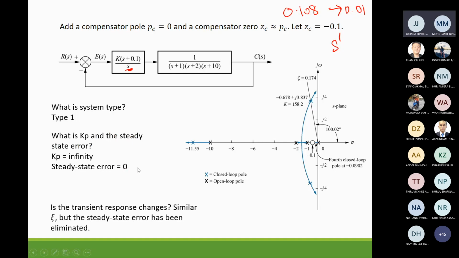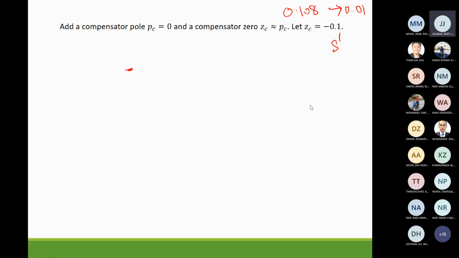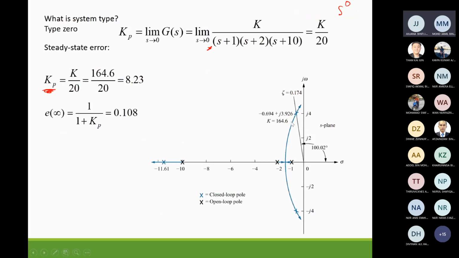So now what we can see is that if we add this compensator, then at the same damping ratio 0.174, the system will have 0 steady state error. From the previous example, the system without compensator at the same 0.174 damping ratio had an error of 0.108.